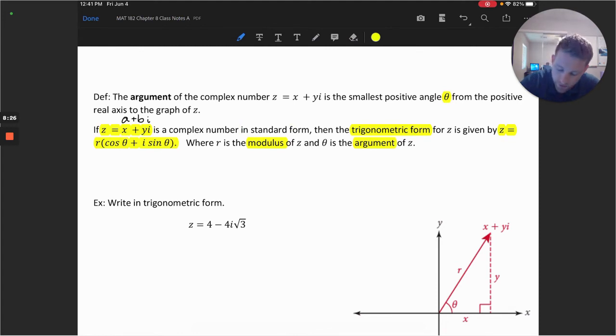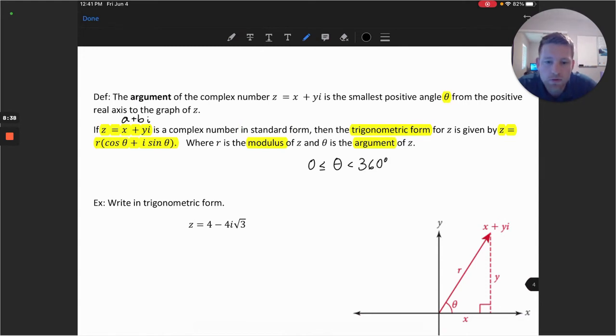So again, when we think about theta here, theta is going to be an angle from 0 up to 360. So it's an angle in that first rotation of the unit circle that's formed by our vector. All right, so with those two components, our modulus and our argument, we're ready to go and transform our complex numbers to trigonometric form.